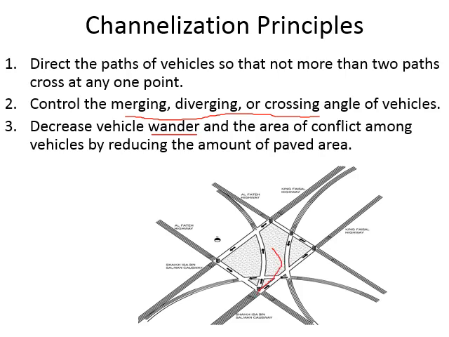Some of them go like this, some like this, trying to make a straight line, because they have space to do that. So wherever you feel there is too much space available on the intersection for wandering of the drivers, you can control it by providing some markings, by providing some traffic islands.